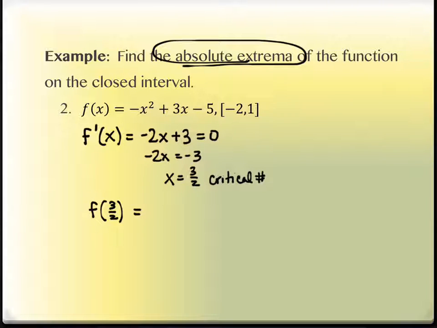Yep, put the equation in y1. That's what I did. And then I used my table to plug in 3/2. And it's a nice decimal value, so I'll go ahead and use the decimal value. I'm getting this. Do you want the fraction? That's what I got. Either way is fine.